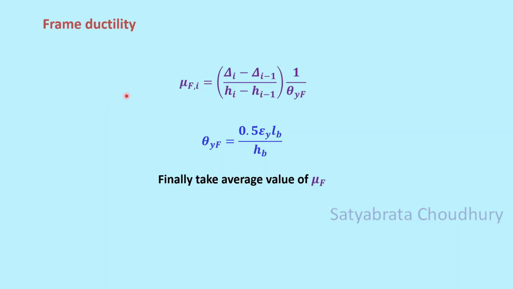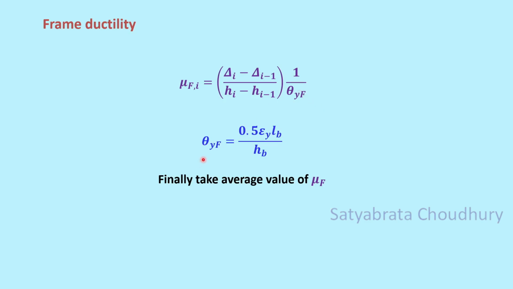Now you have to consider the ductility of the frame and the ductility of the wall. Ductility of the frame is given floor wise. For the ith floor, this is the formula: delta I minus delta I minus 1, over hi minus hi minus 1, and the whole thing is divided by theta yf. Theta yf is the yield curvature of the frame which we encountered in the case of frame buildings earlier.